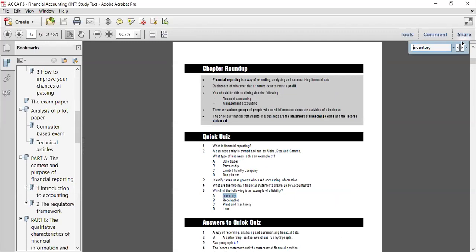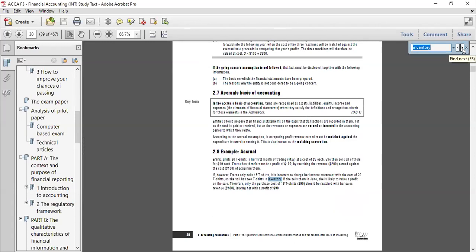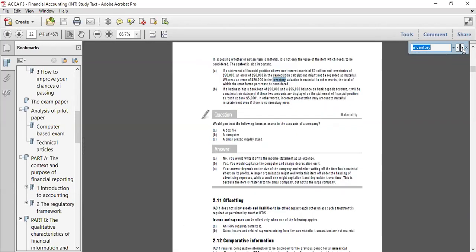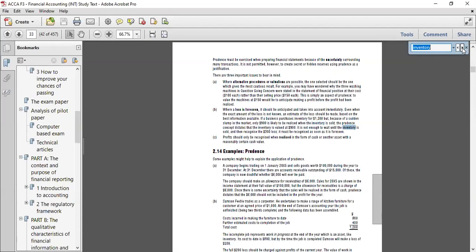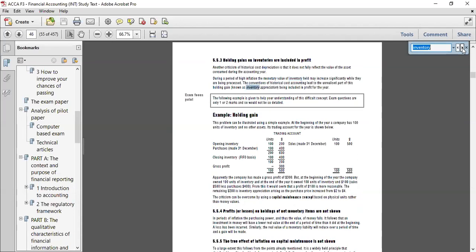Still on inventory, when you hear the word inventory, some other literature may call it stock, but as you progress, the word stock actually refers to shares.